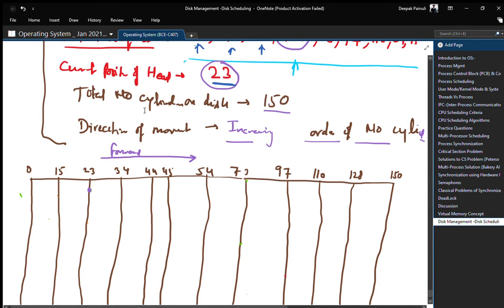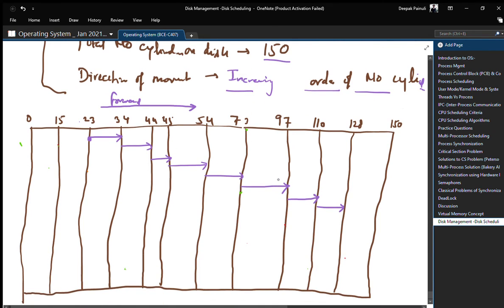We will go from 23 to 35, 35 to 44, 44 to 45, 45 to 54, 54 to 73, 73 to 97, 97 to 110, 110 to 128. Now because it has reached the highest cylinder number, we won't go to 150 because it is not C-SCAN, it is LOOK, so we won't touch the border. We will directly jump to the lowest.